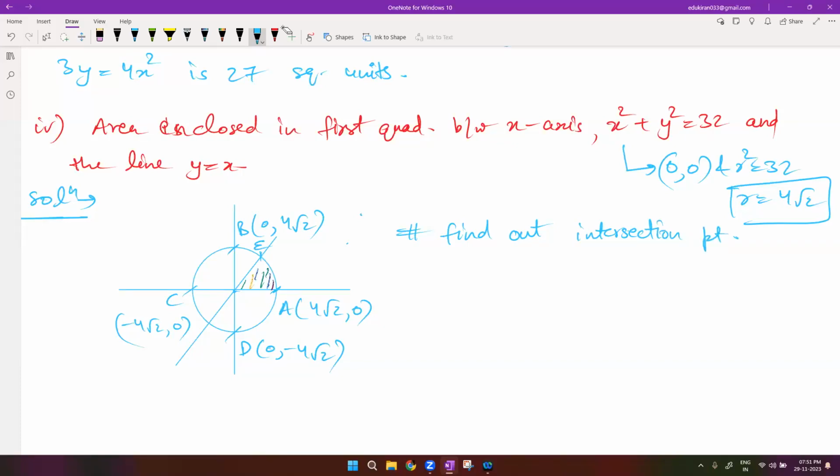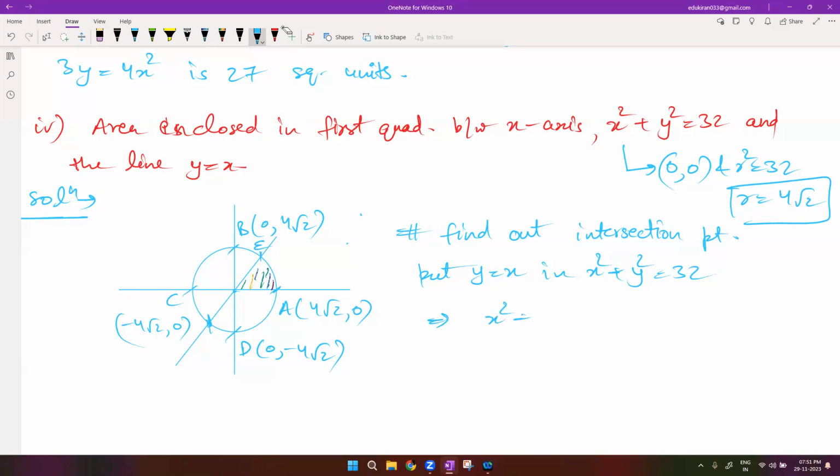To find the intersection point, simply put y equals x in the first equation. We know that there should be 2 intersection points. One is this, one is this. But we don't need this point because we only need this area in the first quadrant.